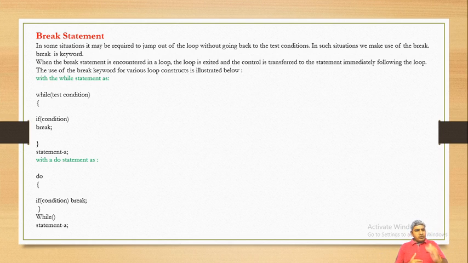Now if condition, if this condition is true, break, that is, the execution of the program jumps out of the loop. Now the do while loop is a bottom tested loop. So the execution of the program goes out of the while loop, and statement A is executed.